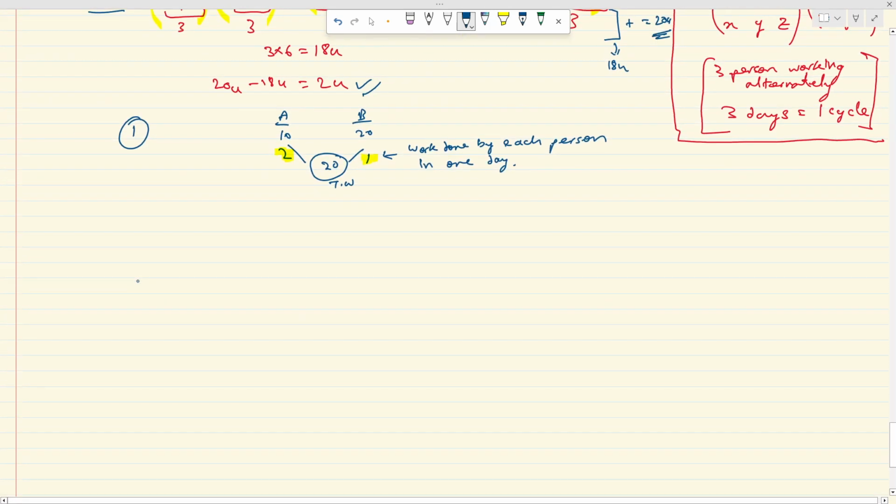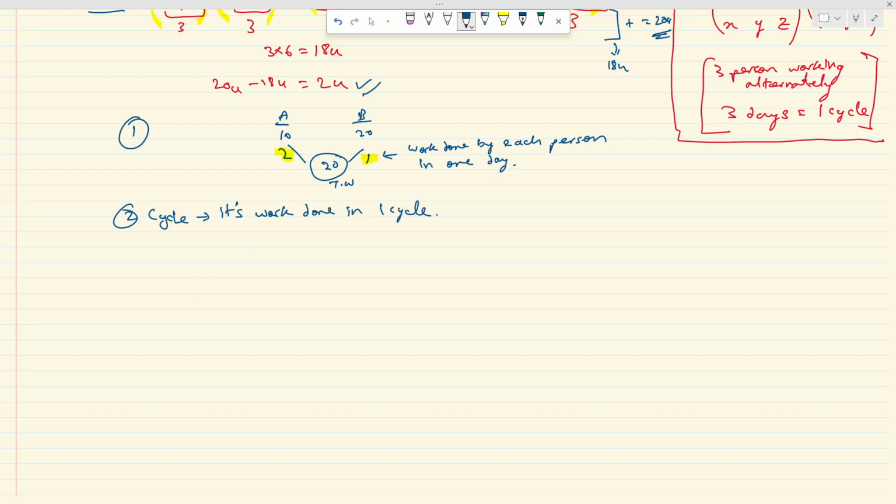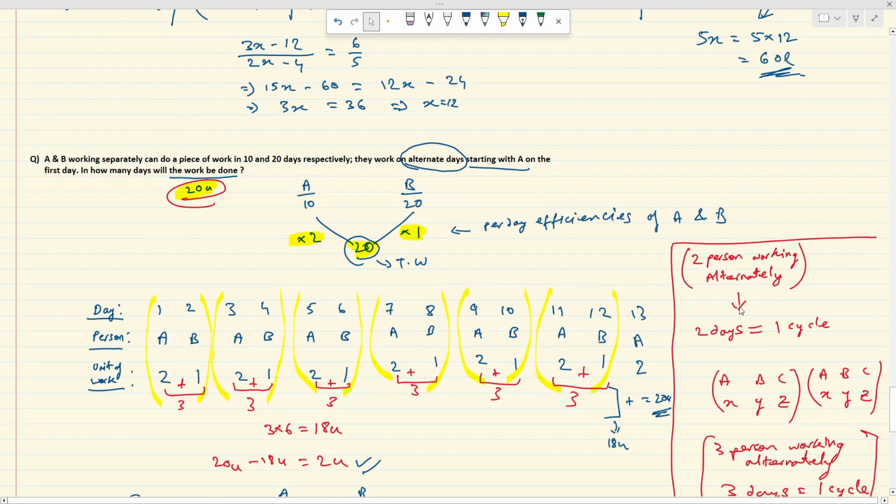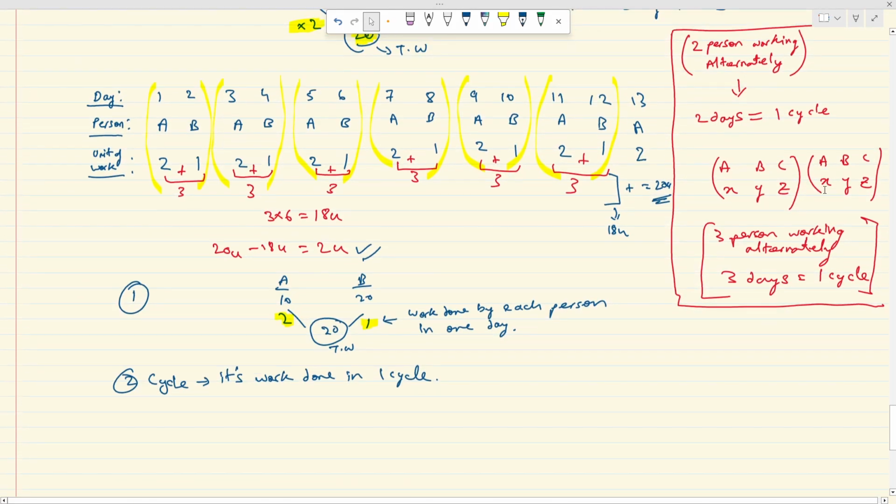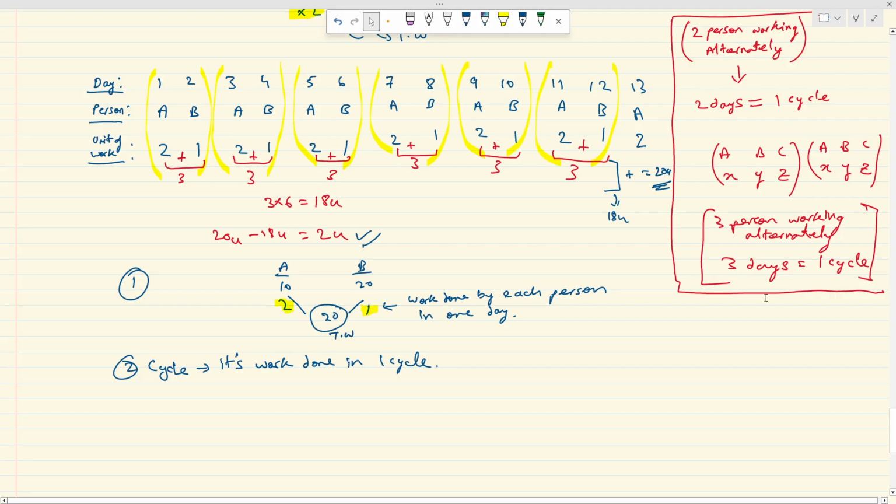Second step is to determine the cycle and its work done in one cycle. So what did I say just now? 2% means 2 days is equal to one cycle. 3% means 3 days equal to one cycle.